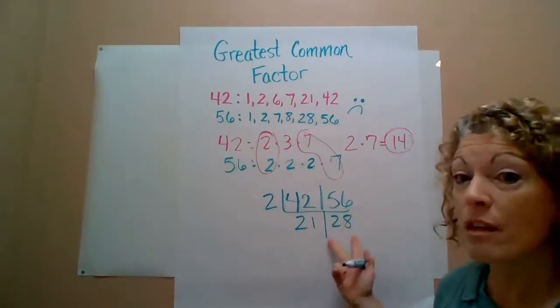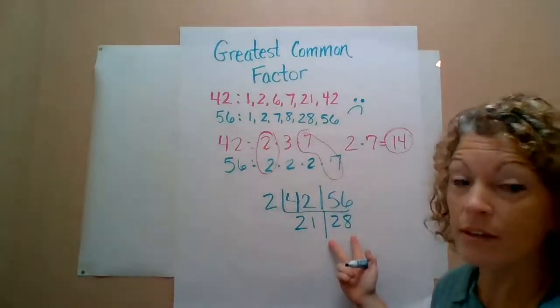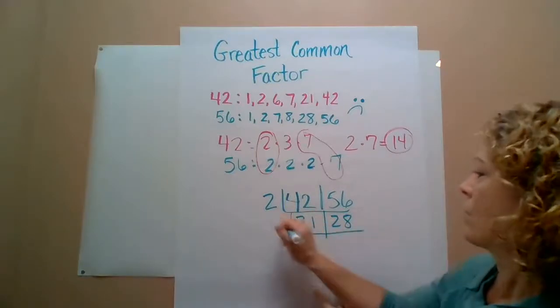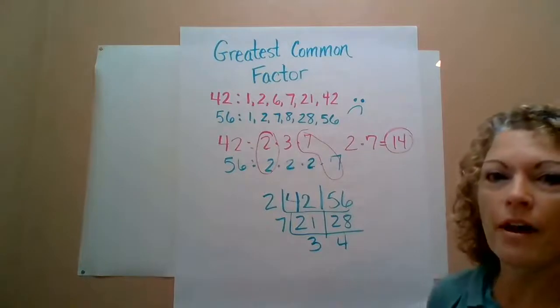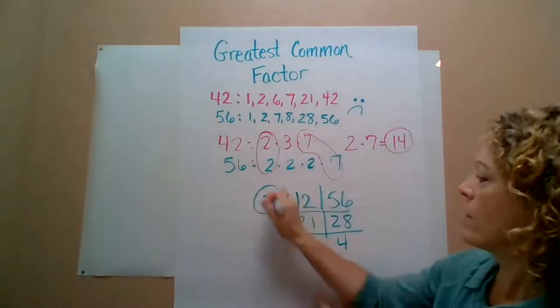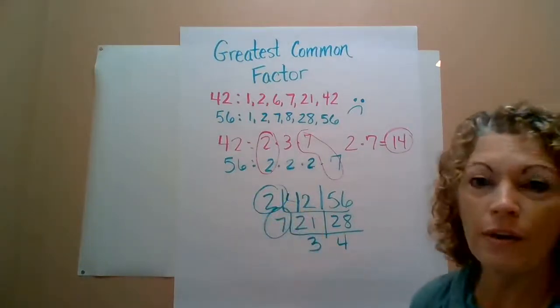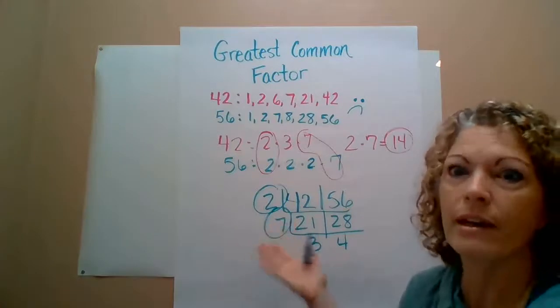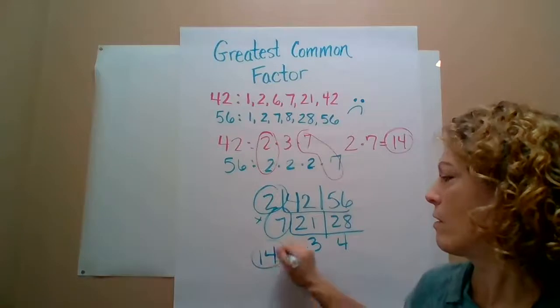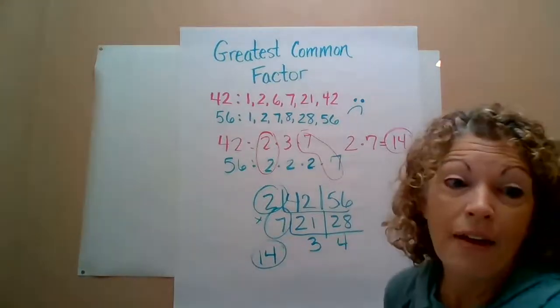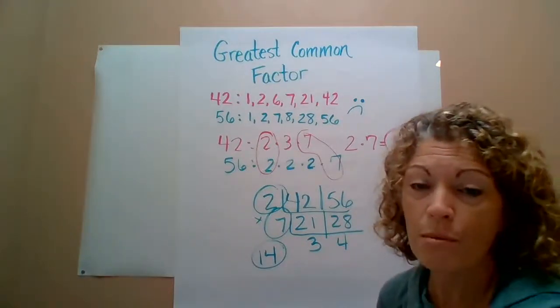At this point, they should be able to see that these are both divisible by 7. Their GCF is the numbers on the side that those numbers had in common. They multiply them together and get 14. Those are the two ways I like to show greatest common factor.